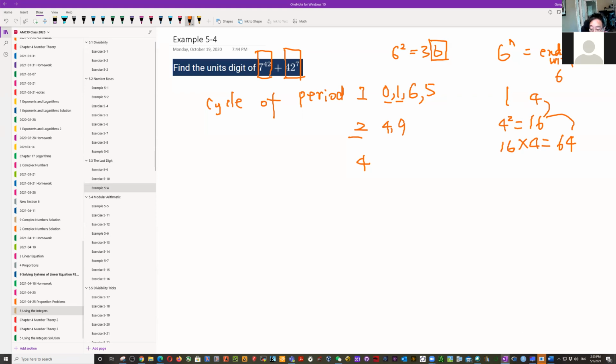And so is 9. 9 to the first is 9. 9 squared equals 81, and 9 cubed is 729, which ends with 9 again. So the ending digit is always 9, 1, 9, 1, something like that. So this is period 2, the prime perfect squares.